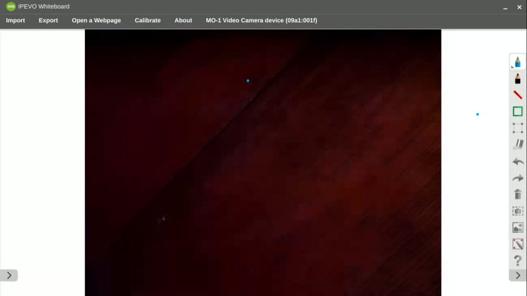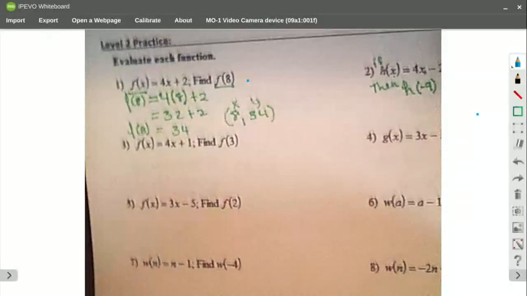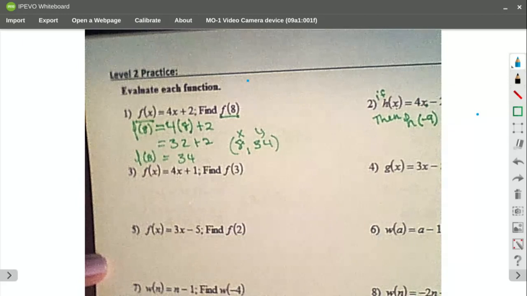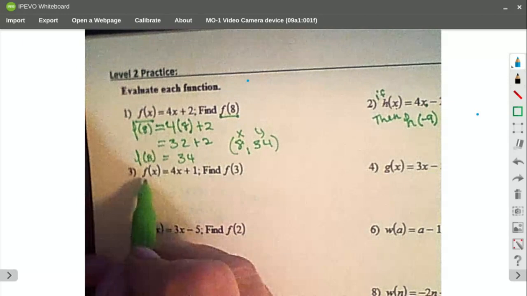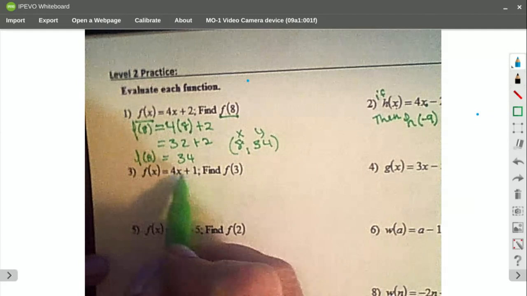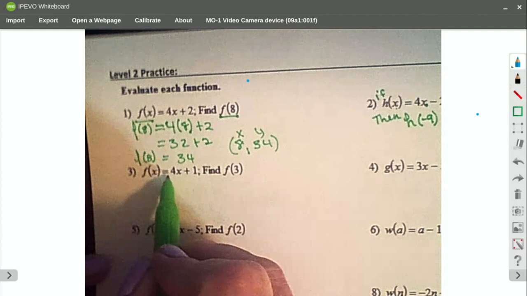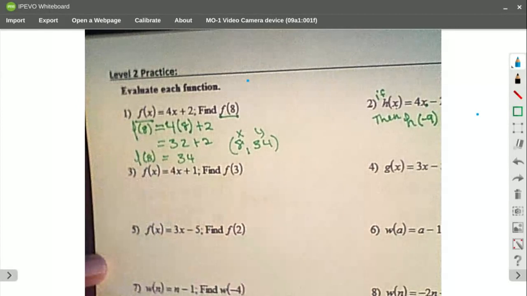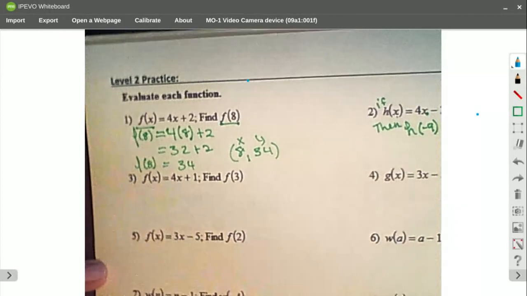Okay. Let's try one more. What if f of x is equal to 4 times x plus 1? Y equals 4 times x plus 1. Remember, that's a variable, not a multiplication.